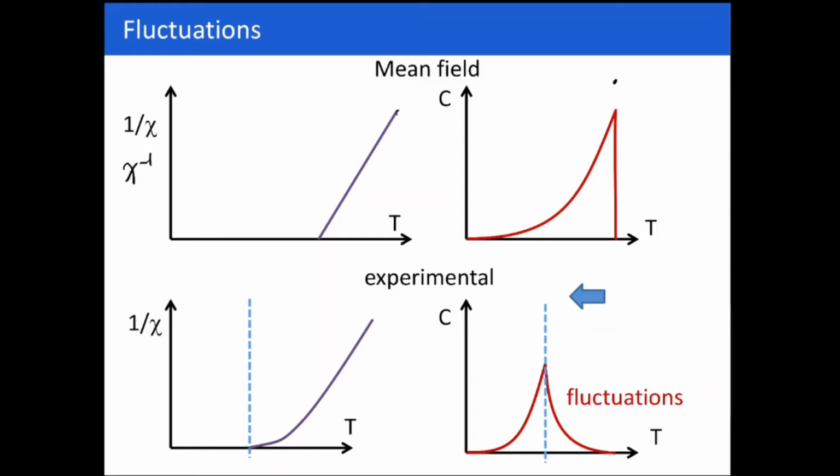Here's the prediction we had from the Curie-Weiss theory, which was a mean field theory, this straight line here, and many of you will have seen the prediction from mean field theory for the heat capacity for other systems in your undergrad. So this is what mean field theory would give you for the ferromagnet.